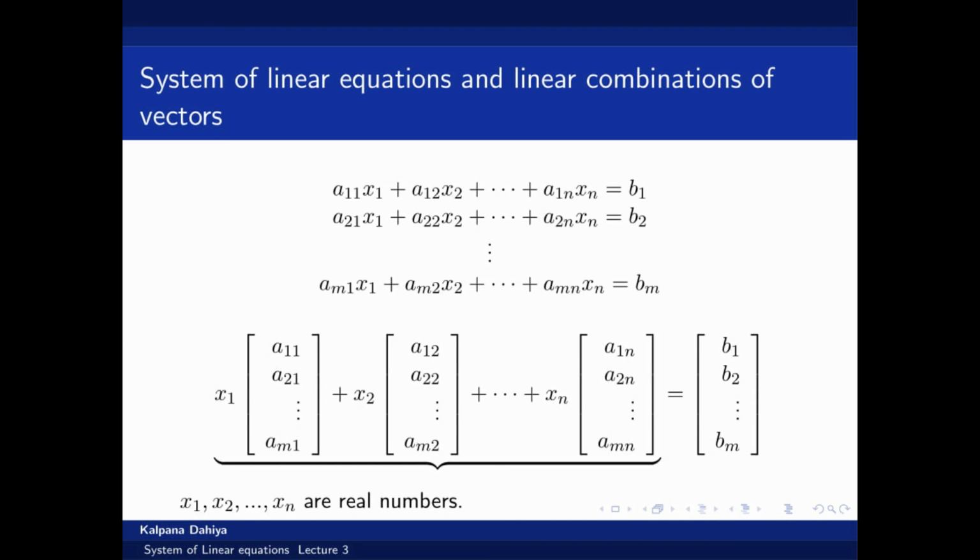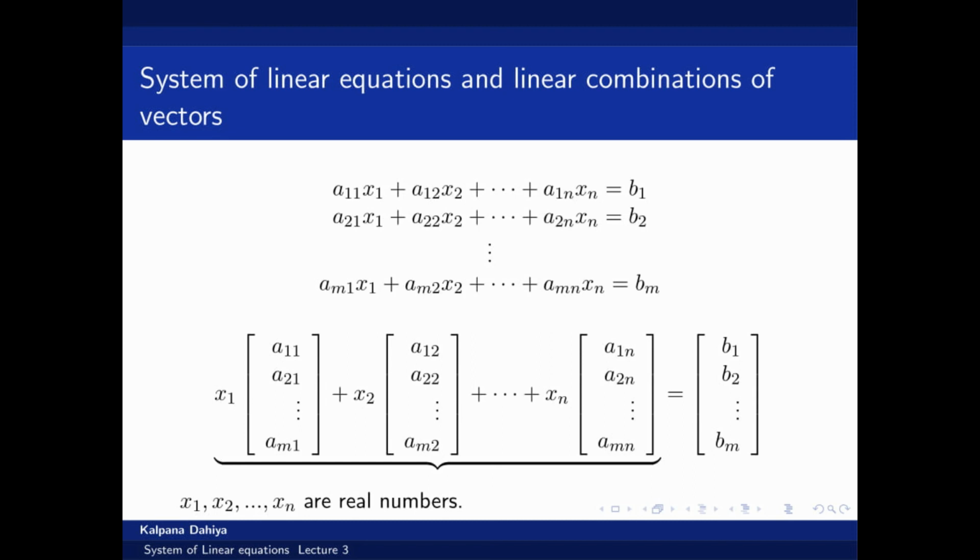So see the next expression here, x1 times a column vector and its elements are a11, a21, am1, plus x2 times another column vector, and these are the coefficients of x2 in these equations.